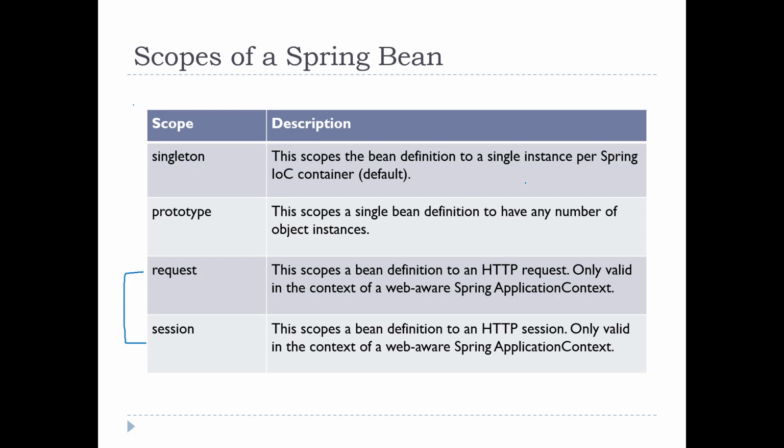So for a given Spring container, there will exist only a single instance for the given bean definition. Whereas a prototype means that the bean definition that we have written in our configuration can have any number of object instances. So with a prototype, multiple instances will be created which are the same as the bean that we have defined.